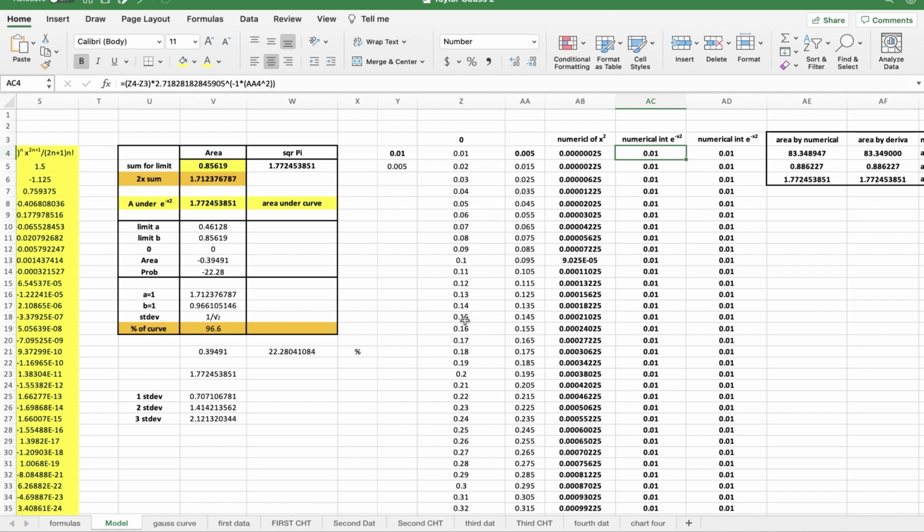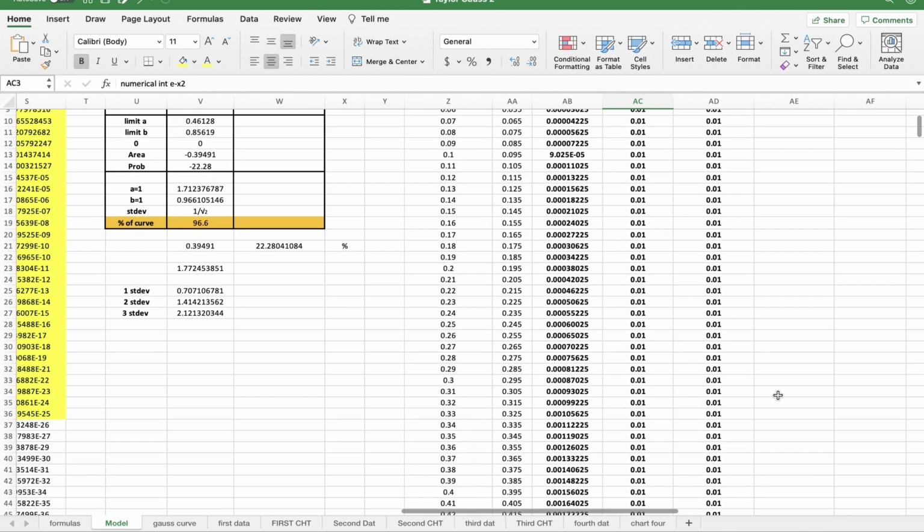So that's the point that I used for finding the height of the curve. That's the height or the length of our rectangle. So we have the height and the base, and so we sum up all of the rectangles between any point A and B, and we have an approximation of the area under the curve for the function. And we can do the same thing for the numerical limit of e to the x squared.